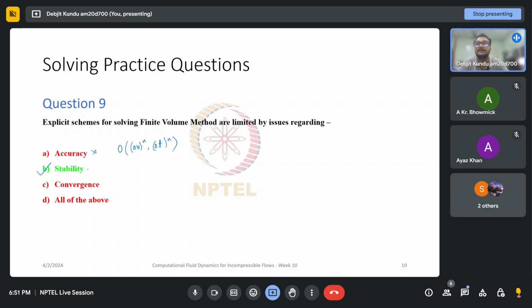Now, stability is the issue because explicit schemes are again governed by the CFL criterion, right? Which we saw earlier. Now, if this criterion is not met, then they would become unstable and finally lead to convergence issues as well. So, if any scheme is not stable, it's not convergent anyway.